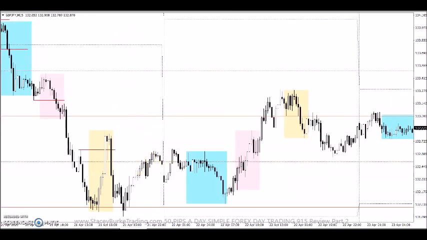So we head into the next session, Asia. Again, we mark off our most recent highs and lows. In this particular case, the market pushed up, pulled back, pushed up again, pulled back into the rollover. So we've got a stop hunt low, and we have a new redrawn high inside of that high and low.